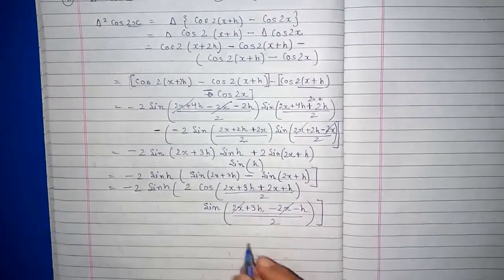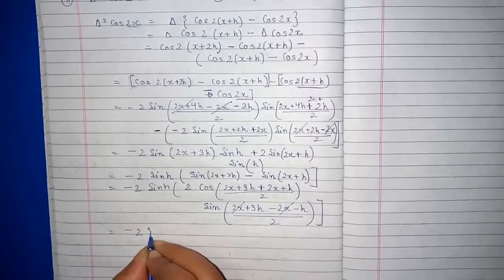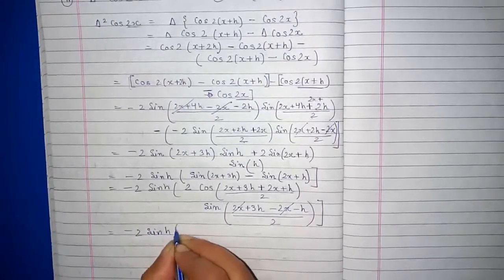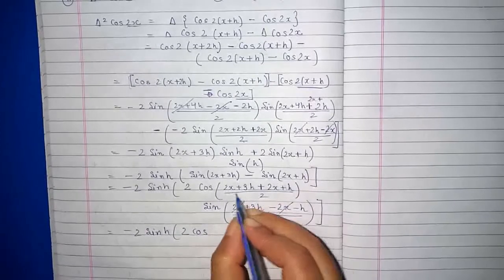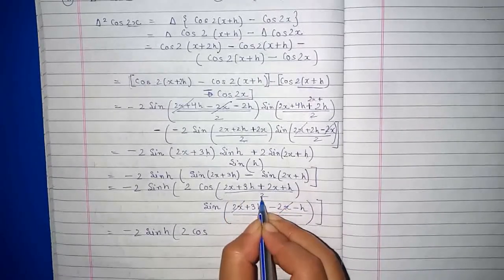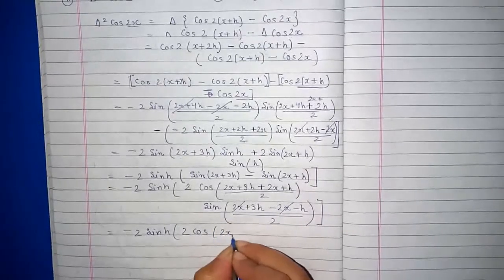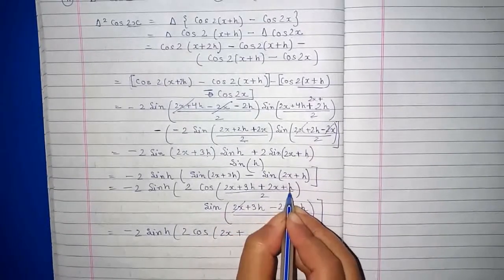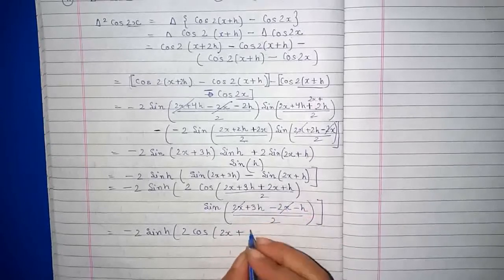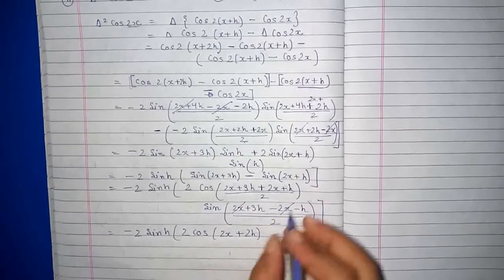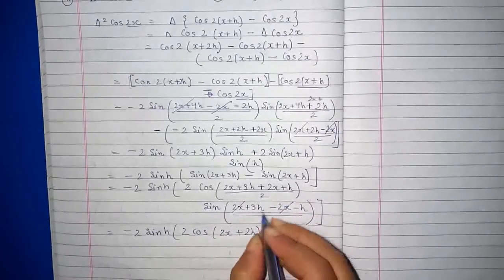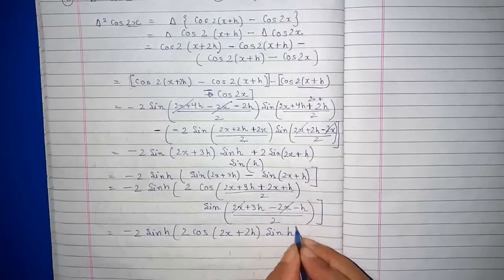Okay, if we cancel out, this and this will cancel out, then it will become minus 2 sine h times 2 cos. See, 2x plus 2x is 4x, and if we divide by 2, it again becomes 2x; 3h plus h is 4h, divided by 2 is 2h. And here it will be sine h.